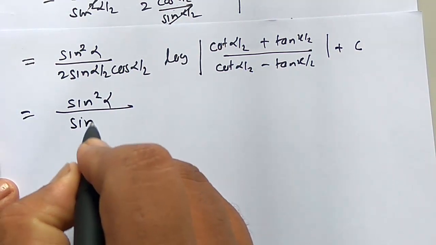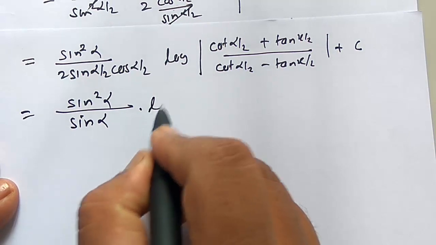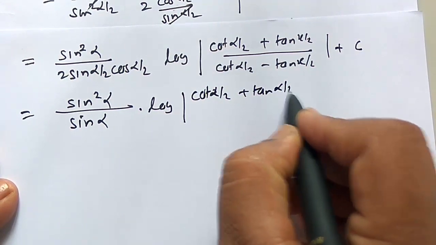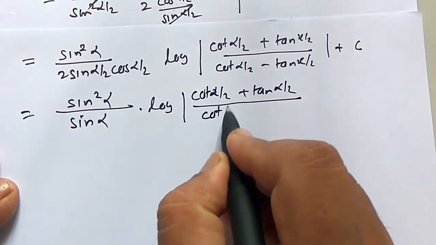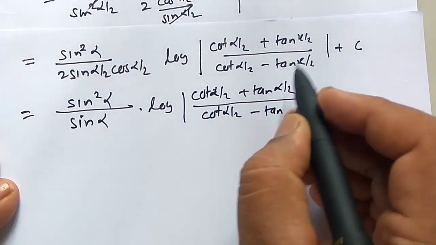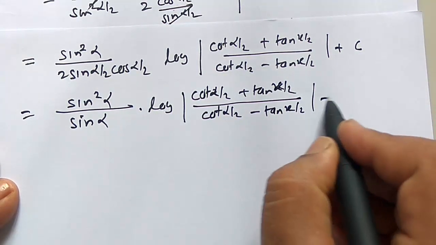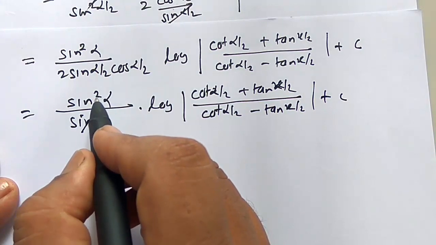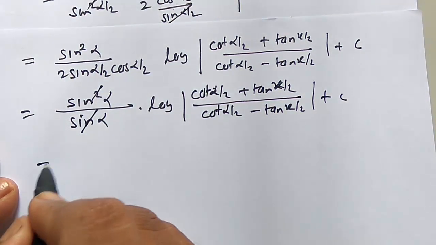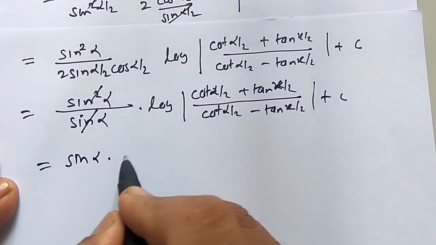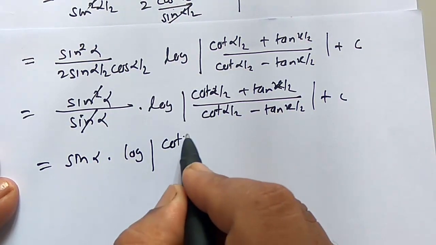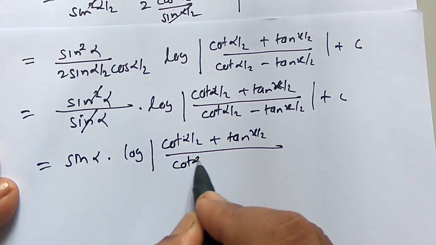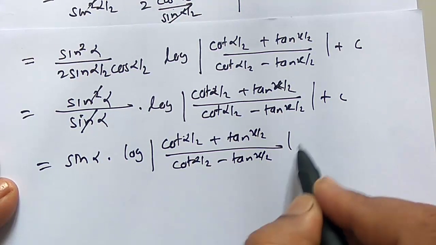So it is sin of alpha into log of cot alpha by 2 plus tan x by 2 upon cot alpha by 2 minus tan x by 2 plus c. So we get sin alpha, as one factor of sin square alpha gets cancelled.